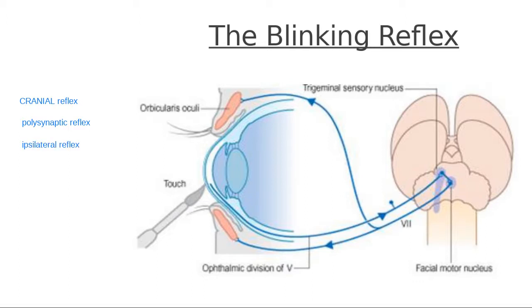The way we can tell, by the way, see how I've got my sensory information coming in one side, motor information going out the same side. So it's an ipsilateral reflex. And when we talk about the stimulus on this one, this is going to be touch sensations.